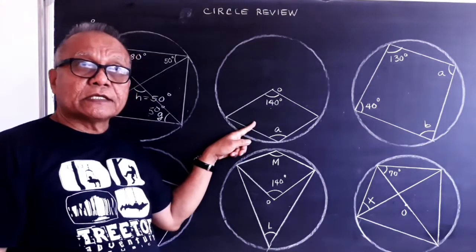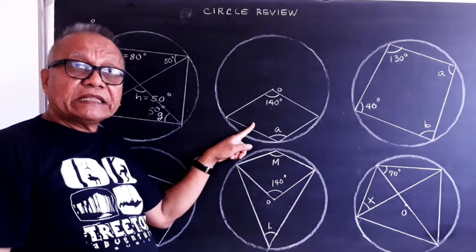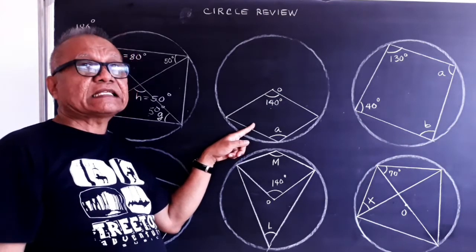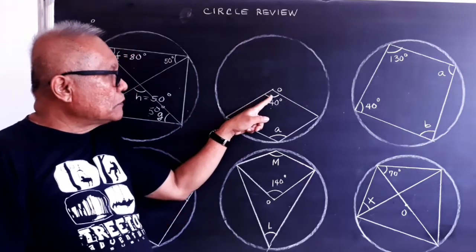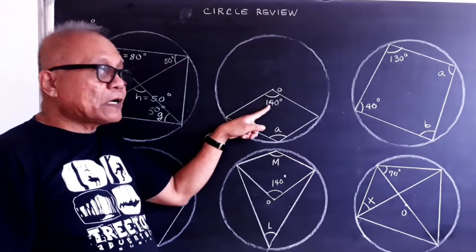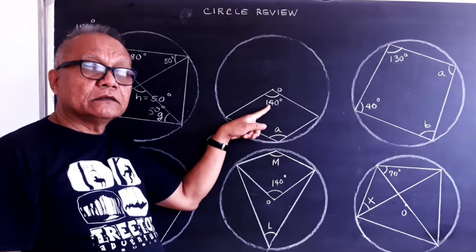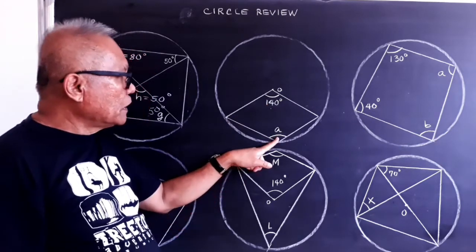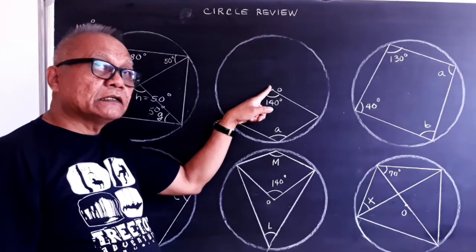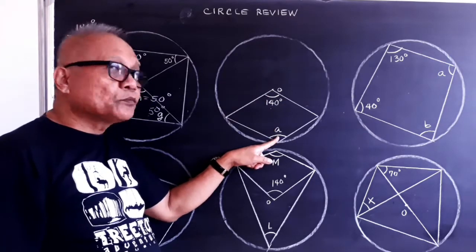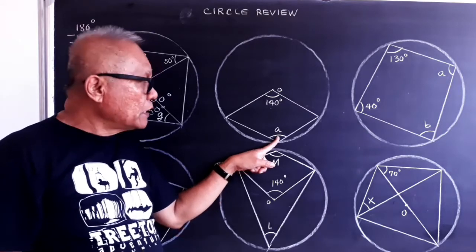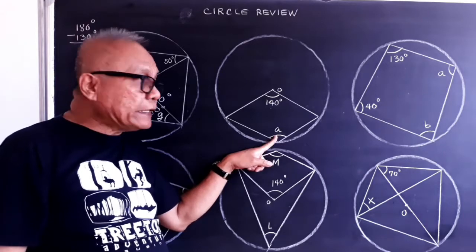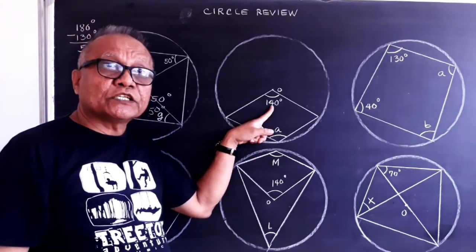What theorem is this? This is the subtended angle is 1/2 only of the central angle. So what do you call this one? This one is the central angle, but not for the subtended angle here. So if this is 1/2 of the central angle, then don't put the 70 here, because the central angle of the subtended angle A is not this 140 degrees.